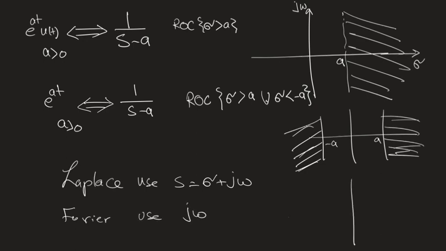So if we look at the Laplace domain, sigma and j omega, if this whole two-dimensional domain is my Laplace domain, the Fourier is only this part of the domain. So you can see the difference between the generality of the Laplace, right?